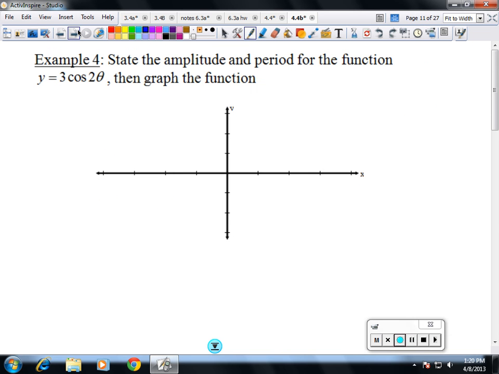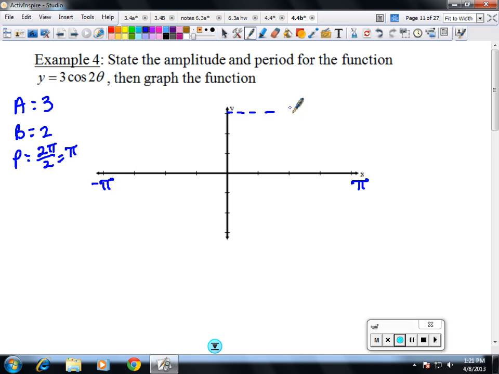Okay. This one has an amplitude and a period. I just go down the side and start putting my stuff. My A is 3, my B is 2, my period is 2 pi over 2, or pi. So I label my ends with pi and negative pi. My amplitude is 3, 1, 2, 3.